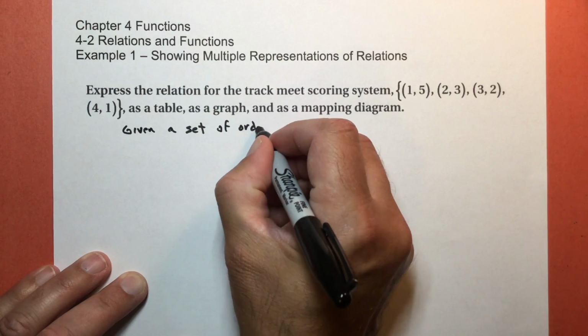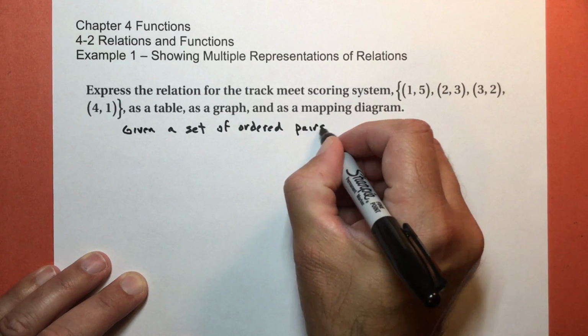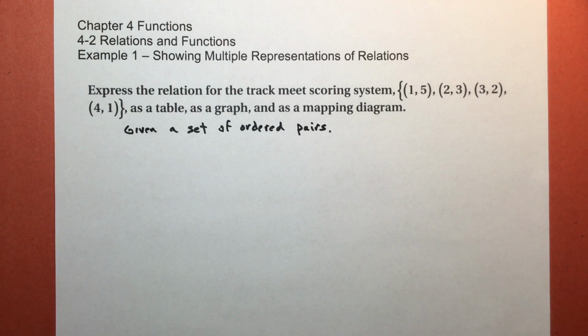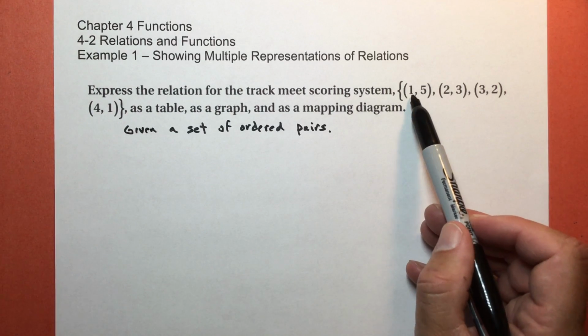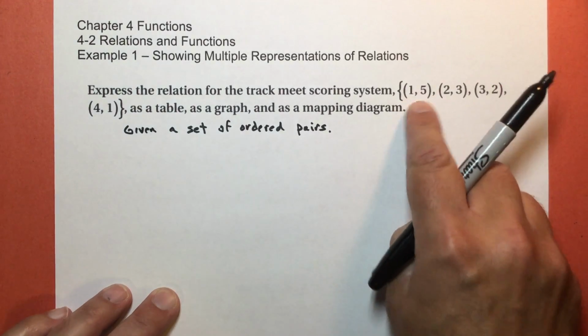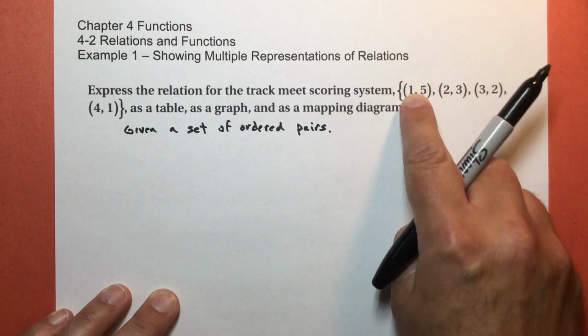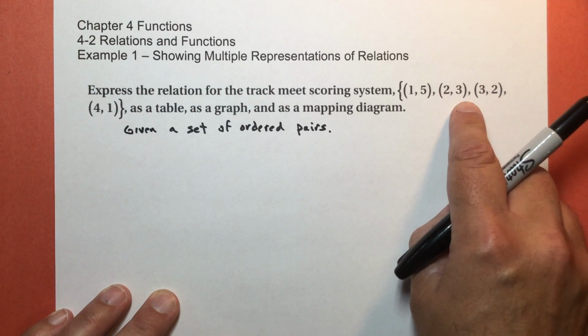Let me write that, and I'll explain. Pairs just mean pairs of numbers. So I've got this paired with that paired with that. Usually a pair means 2. Every parentheses right here groups 2 of these numbers together and says these 2 go together.